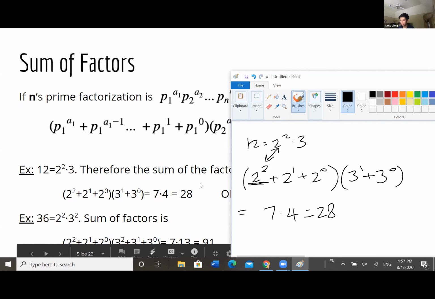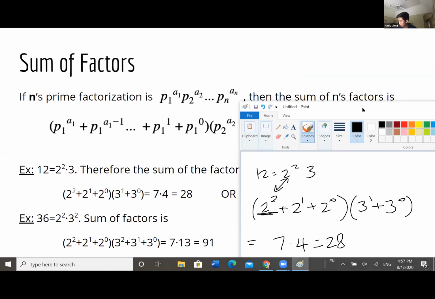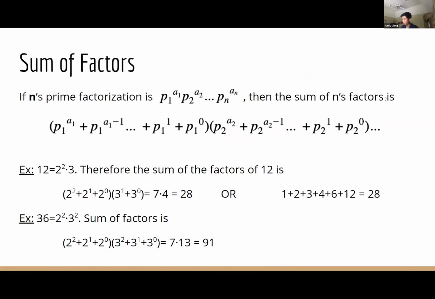And the reason it works is kind of similar to the reason why the way to count factors works. We look at this expression, or this way of representing each factor, and then we can factor out this term from it, then we can factor out this term from it.